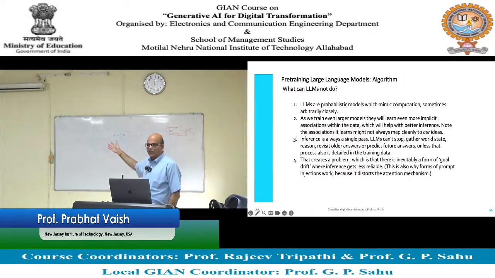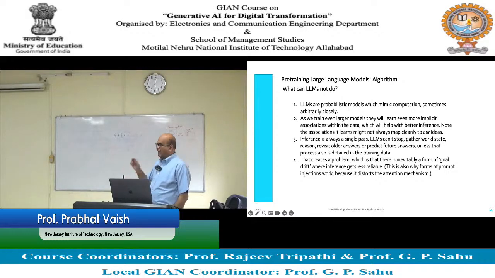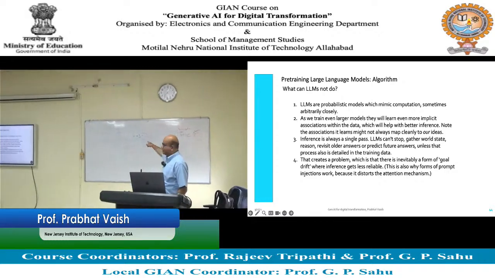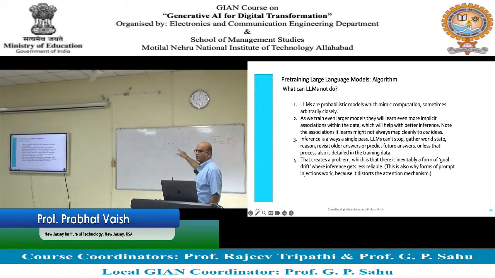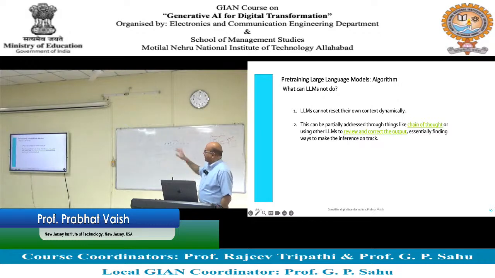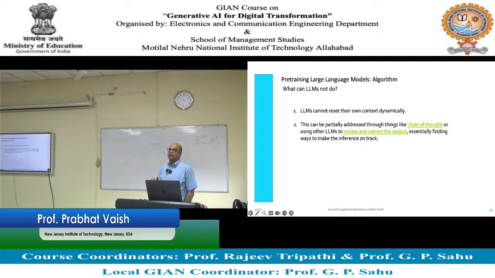We saw chain of thought, because you ask it to think through, ask it to explain. Again, you're not asking it to fix the mistake it made, you are providing it instruction or context so that it does not make the mistake in the first place, because it still can, right? The other thing LLMs cannot do is set their context on their own.